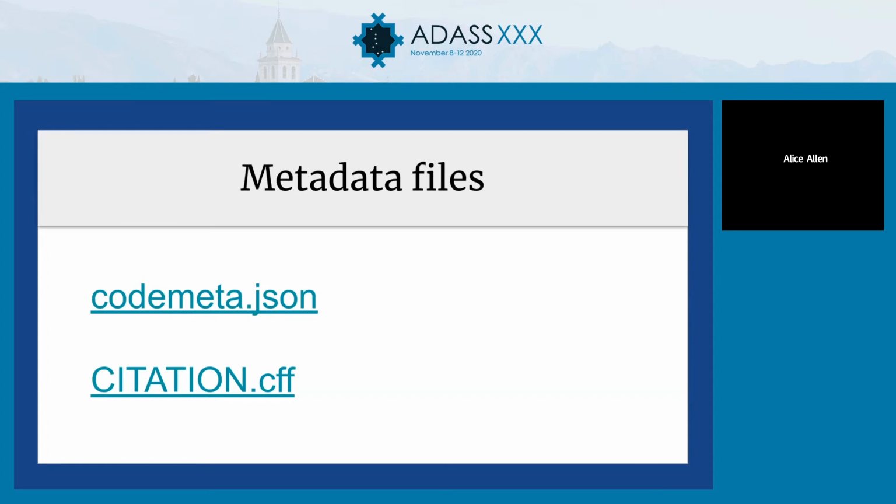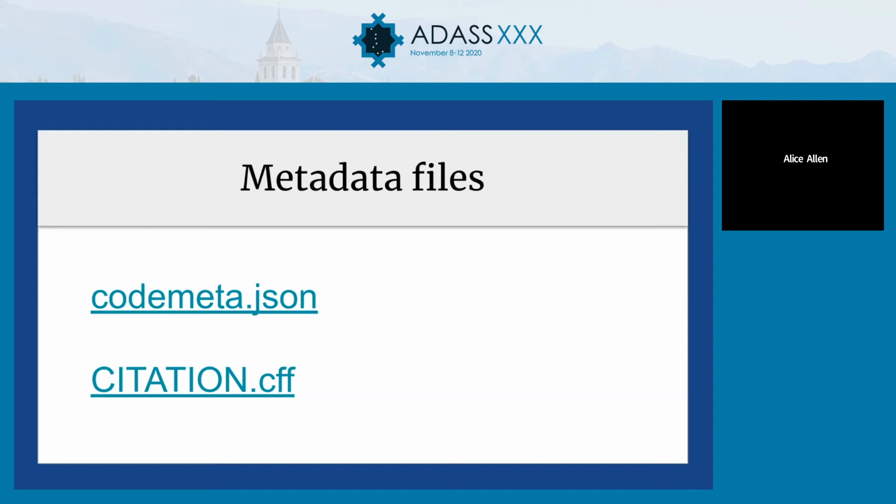And both of these have been crosswalked to other schemas, such as schema.org. As a matter of fact, codemeta.json takes fields from schema.org, uses them, and then has added 10 additional fields that schema.org did not have, that better describe software.